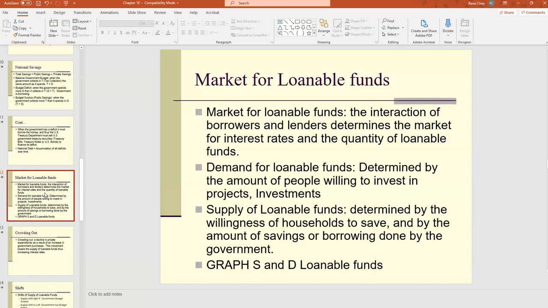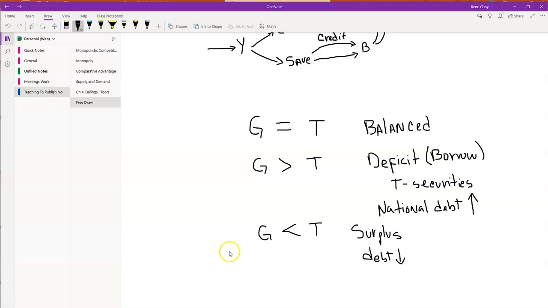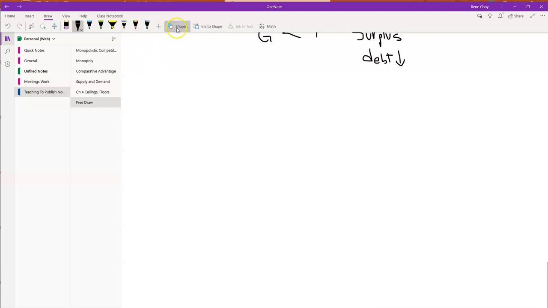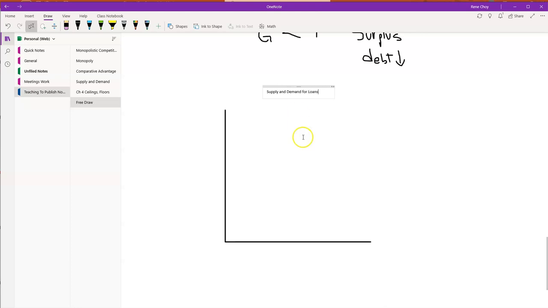All right, let's talk a little bit about what happens to money and interest rates using the market for loanable funds. Now, the market for loanable funds is basically like a supply and demand for loans. So over here we have interest rates, which is the price of a loan. So it's the price of borrowing money.